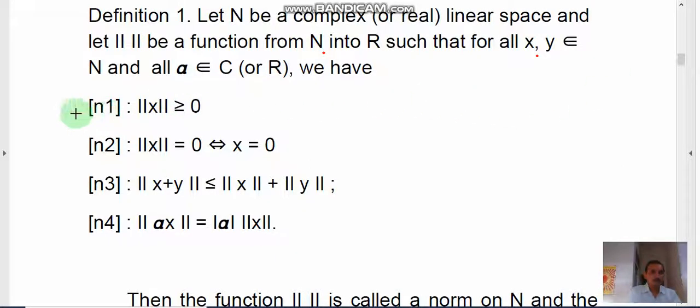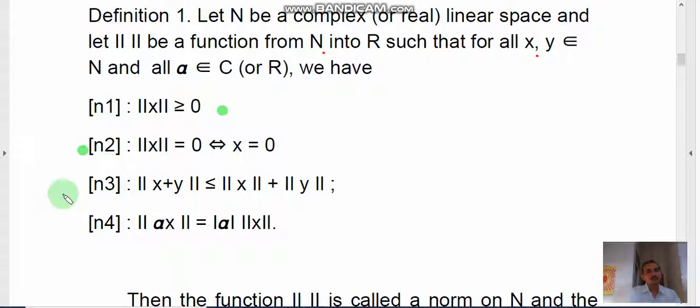The first condition, N1: norm of x is greater than or equal to 0. The second condition, N2, says norm x equal to 0 if and only if x equal to 0.